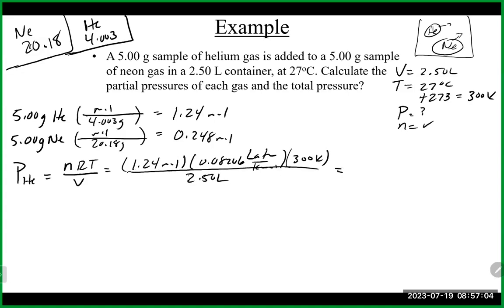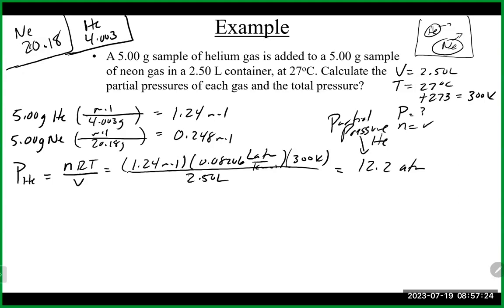Going to give us 1.24 times 0.08206 times 300 divided by 2.5, about 12.2 atmospheres. That would be what is known as the partial pressure of helium in this case.